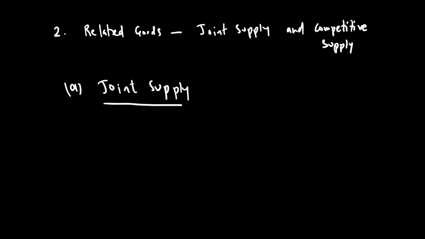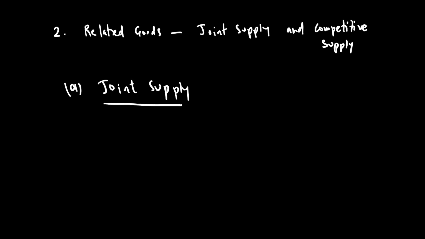When there is a higher production of bees honey, automatically beeswax is produced. So more bees honey leads to automatic production of more beeswax, which is used for candles, creams, and so on and so forth.